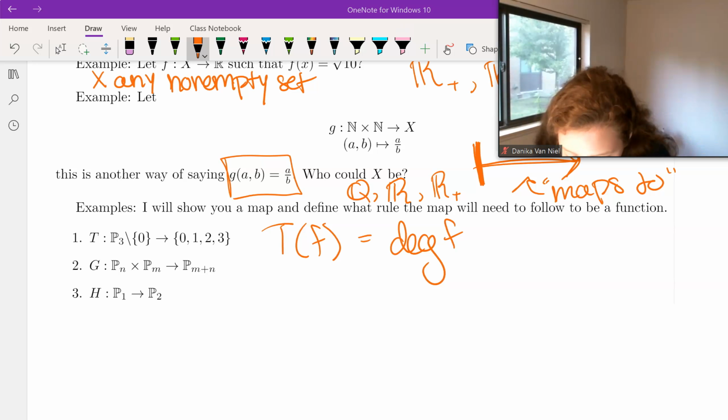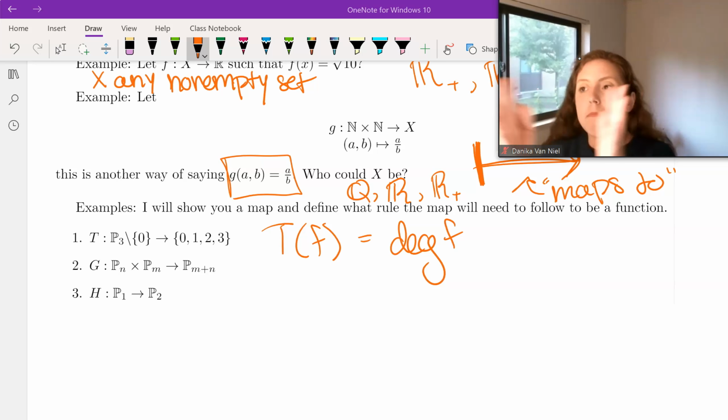So here I have Pn cross Pm and then them added together. My thought is if I have x to the 4th and x to the 3rd and I multiply them, I'm going to add their exponents.